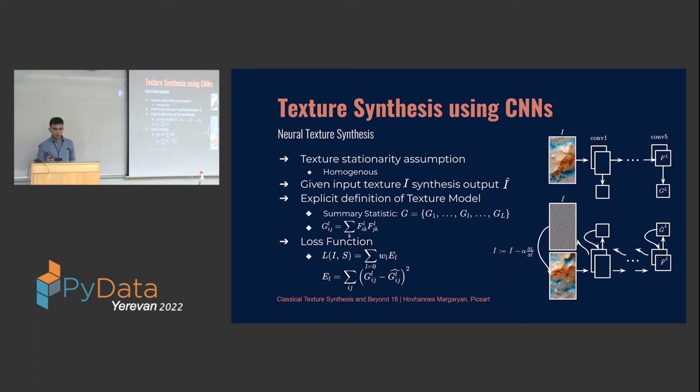So in order to define the texture model or the summary statistic, let's also assume that we are given F^L, which is a matrix that contains the feature maps from level L. Then formally the summary statistic is a set of Gram matrices, where each Gram matrix is an inner product between the feature maps from layer L. Then, in order to formulate the problem as an optimization problem, let's also assume that we compute E_L, which is the sum of squared differences between the Gram matrices from level L between input and output textures.